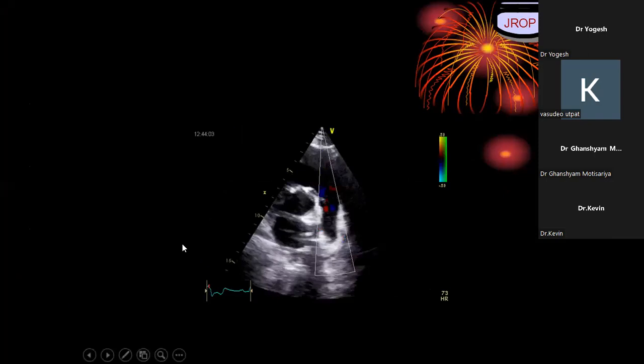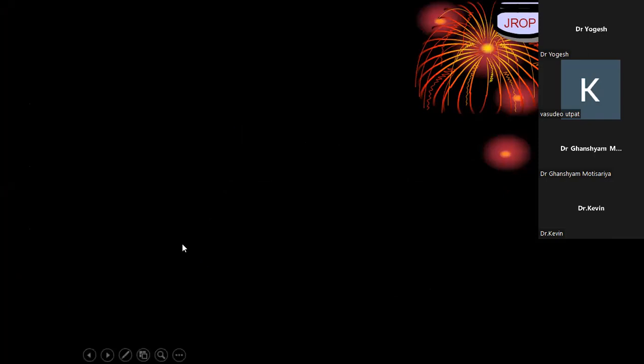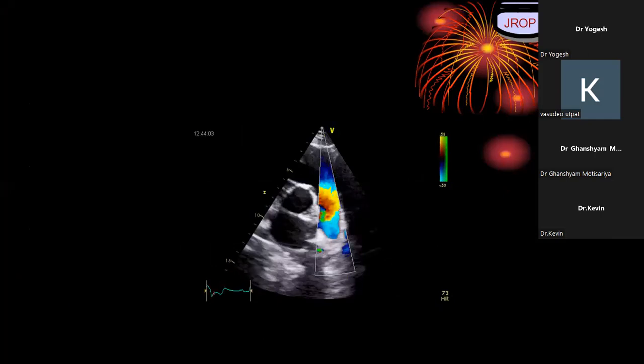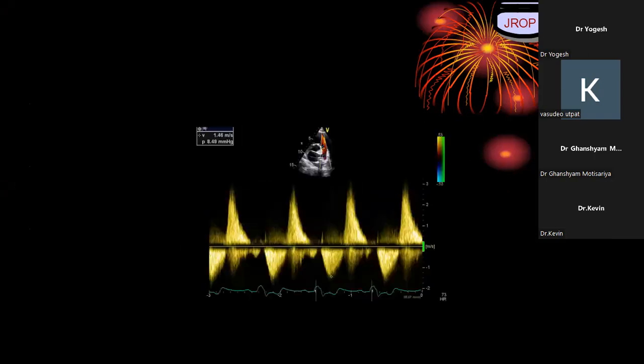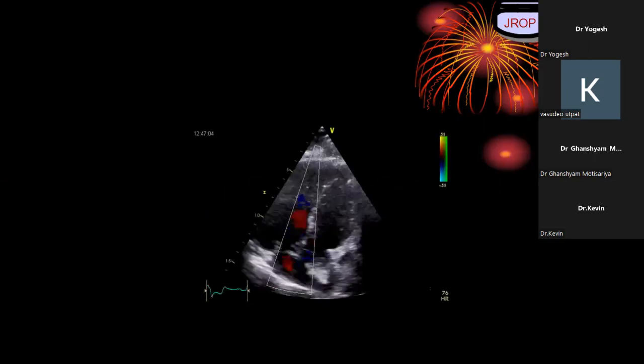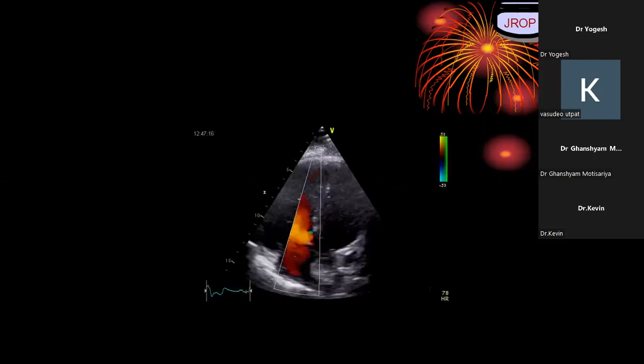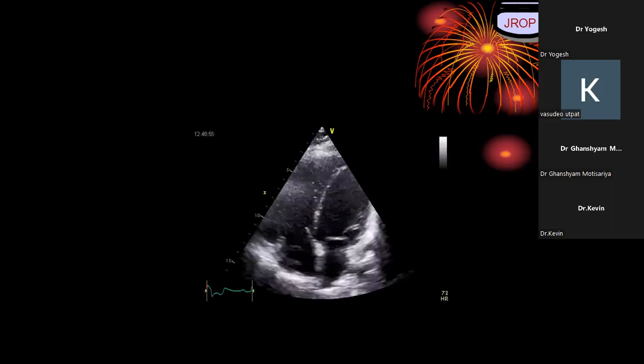Now look at the color flow in this patient. Free-floating PR is present in this patient. So we look at these things and make a diagnosis, and sometimes we have to go back and find out why these things are seen.